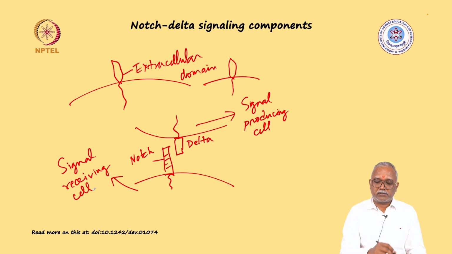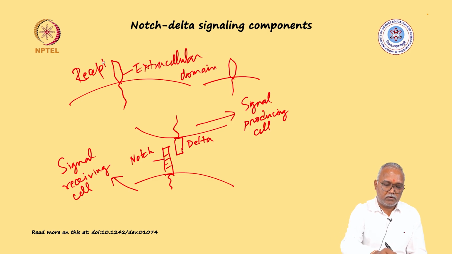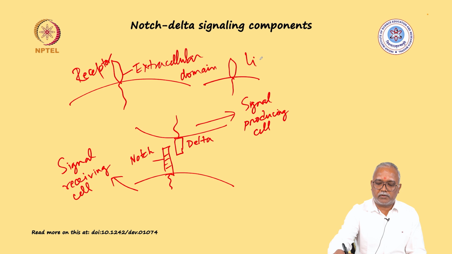So in this case, you have the two components, the receptor and the ligand. They engage in this interaction and then signaling goes on in the receptor bearing cell.